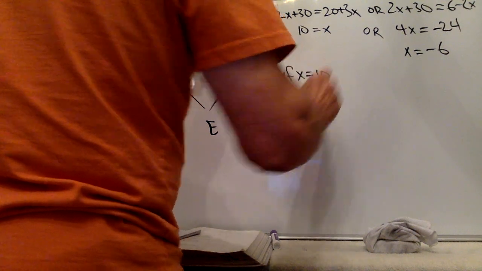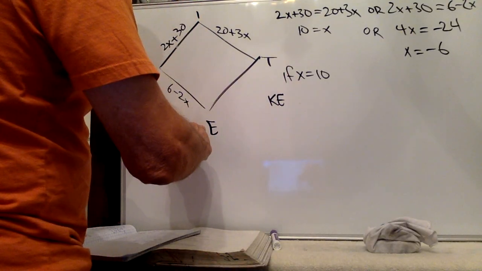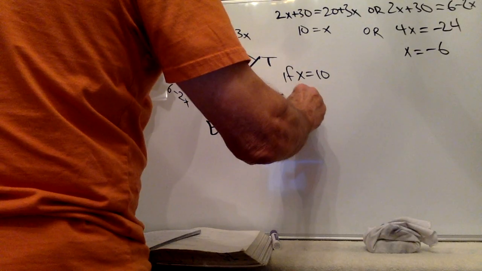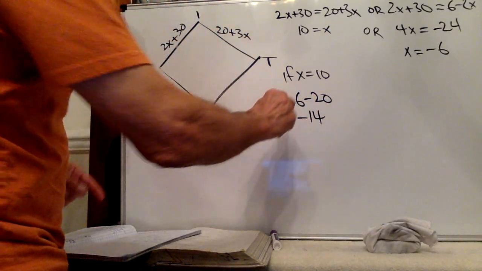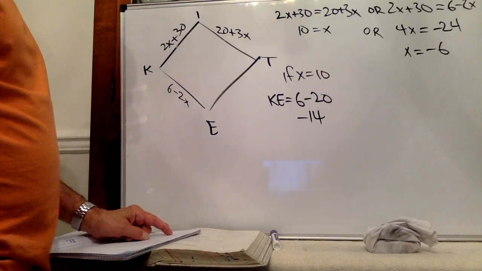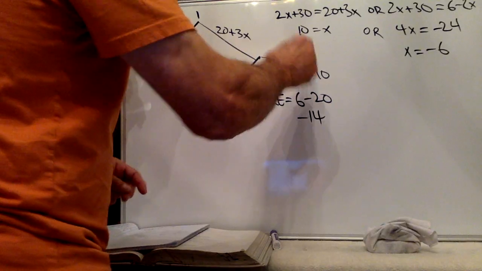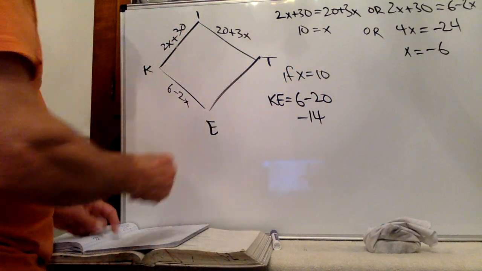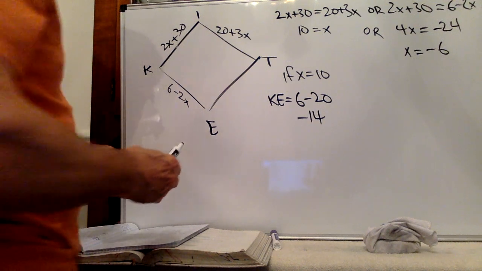If x equals 10, then side KE would be 6 minus 20, which would be negative 14. Now I can say that can't possibly work. Therefore, x cannot equal 10 because it would give me a negative side. You cannot have a negative side in a geometric figure.